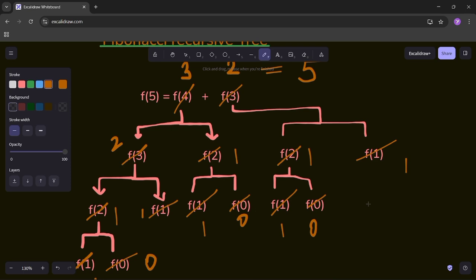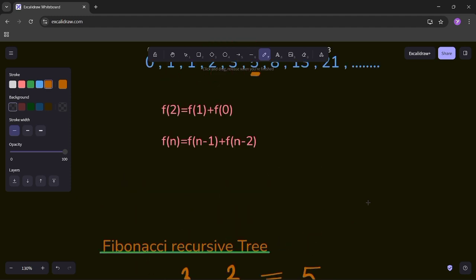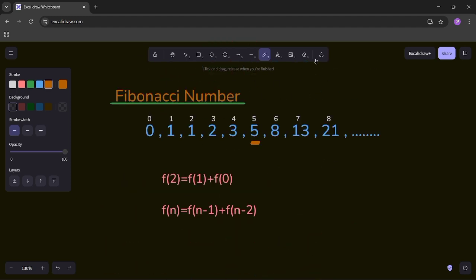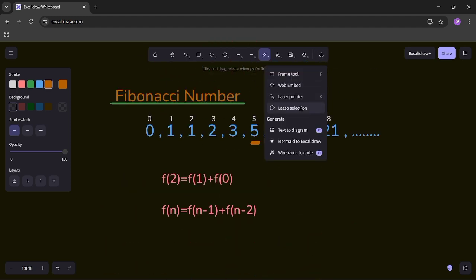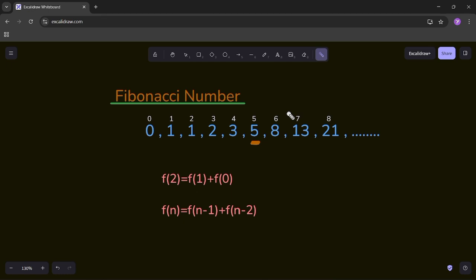Okay, because we are doing recursion, we know that if you're doing recursion, you need a base case, right? If we didn't have a base case, our recursion would make an infinite loop, right? So to avoid this, we use a base case. The base case is very simple.